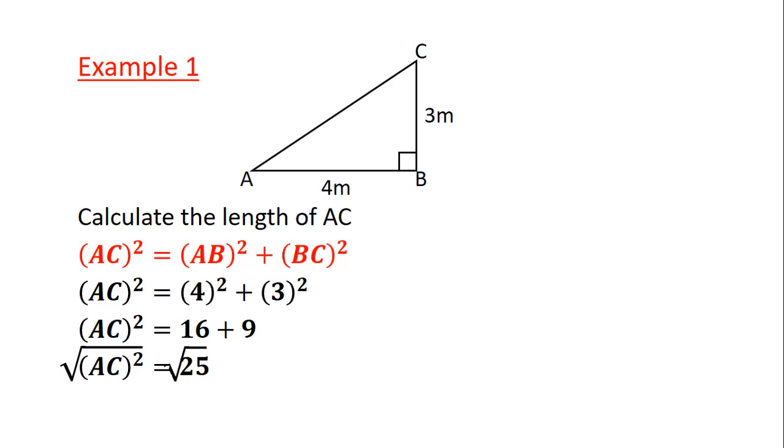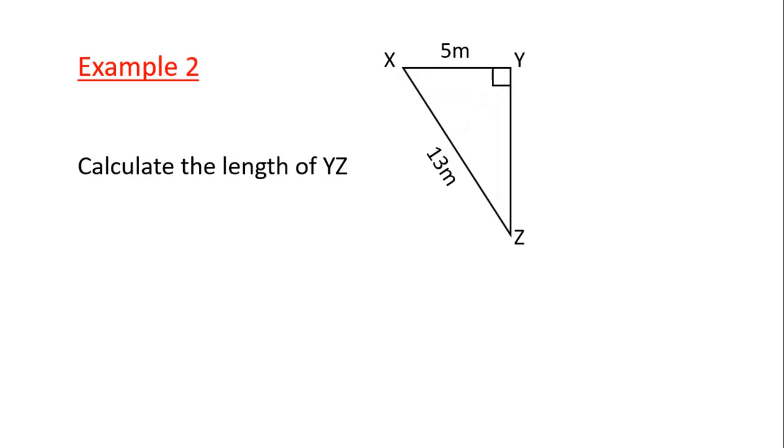The square root of AC squared is just AC, and that equals the square root of 25 is 5. Now at the beginning of this example I said we're not using any units all the way through, but we have to remember at the end of the example we need to put in the units. So AC equals 5 meters. Don't forget to put in the units at the end.